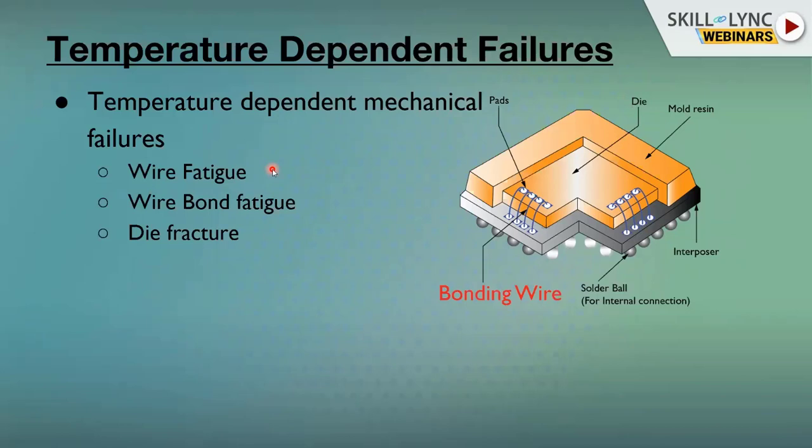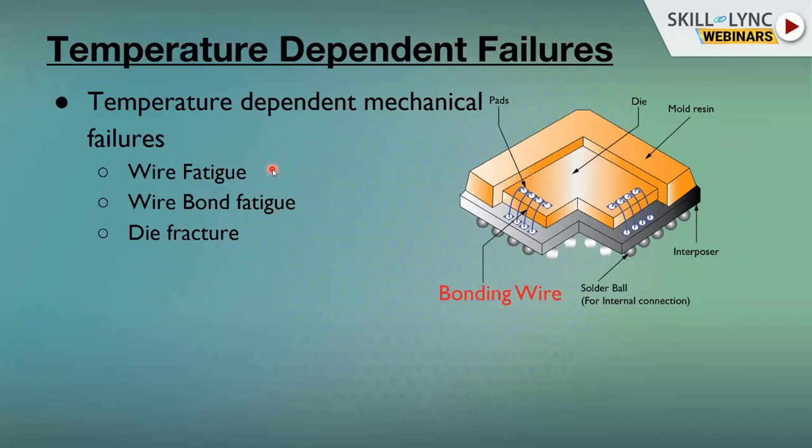So whenever the temperature increases or decreases, there is a contraction and expansion in the material. This frequent contraction and expansion is considered thermal cyclic loading. In the wire, this affects its integrity and makes the connection loose, or it fails the connection.